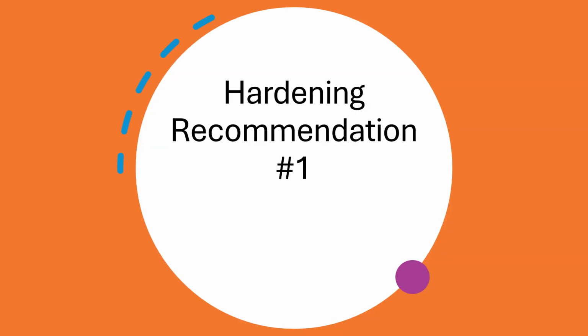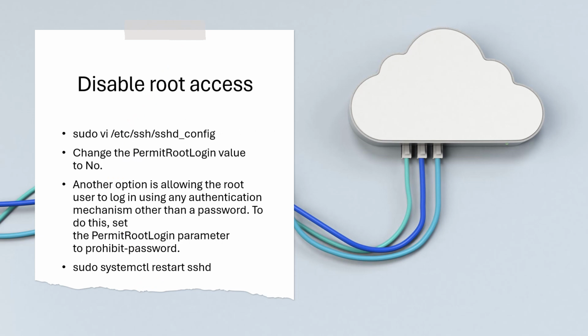Alright, this is my first hardening recommendation for our Linux servers, which is an Ubuntu Linux server. The first one would be to disable root access. To do this, you would use sudo, which runs as root user. So you would do sudo vi /etc/ssh/sshd_config.